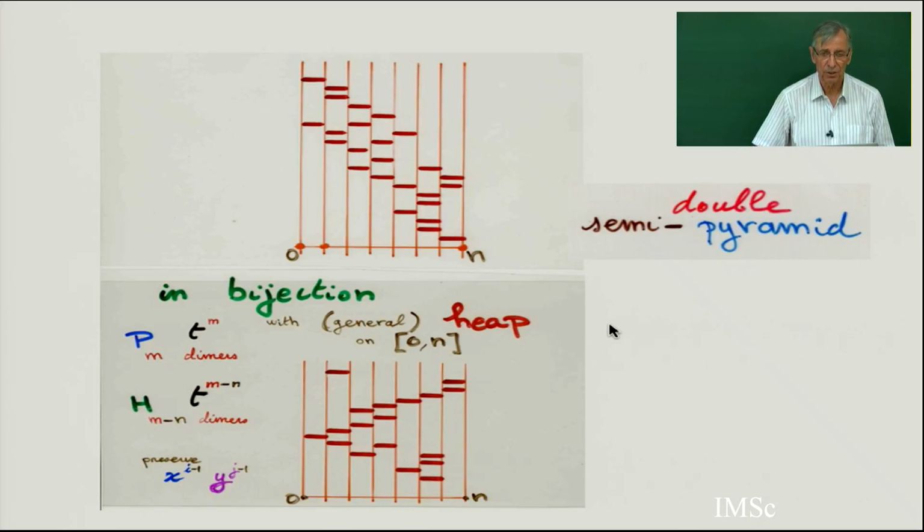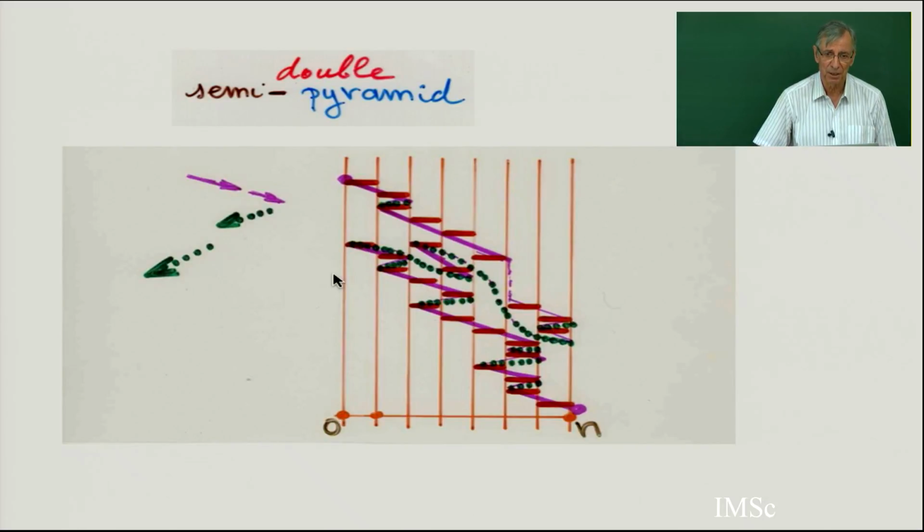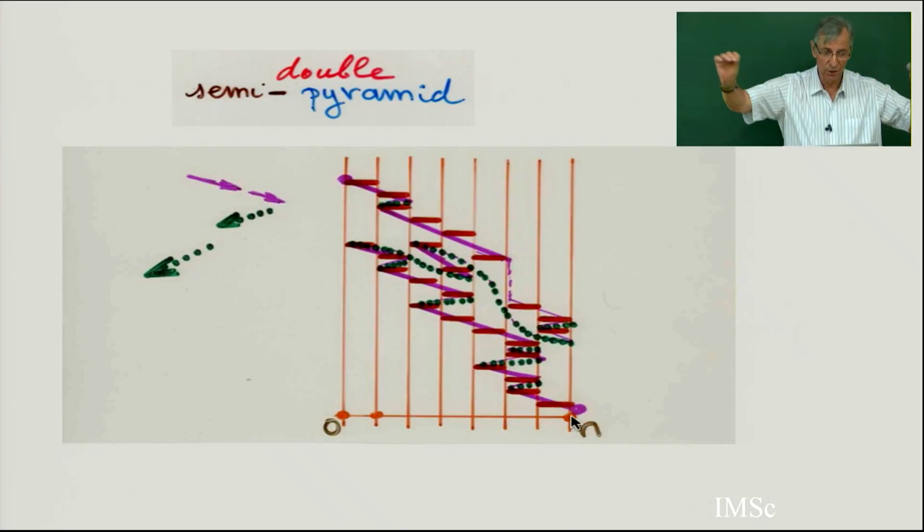In fact, it's a consequence of the general bijection. See, if you take a path like this, like a Dyck path, but you start from this, and then you finish here. If you apply the classical bijection between paths and heaps of dimers, what you get is a self-avoiding walk going from U to V. It's going to be exactly a big segment going from 0 to n.